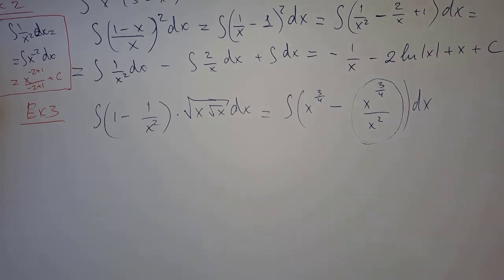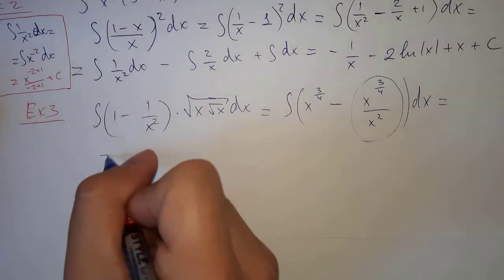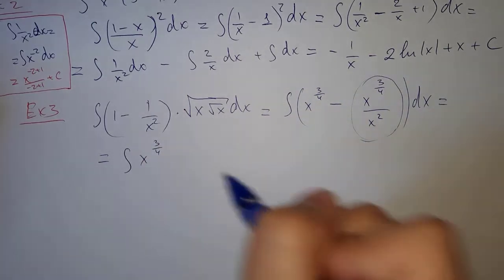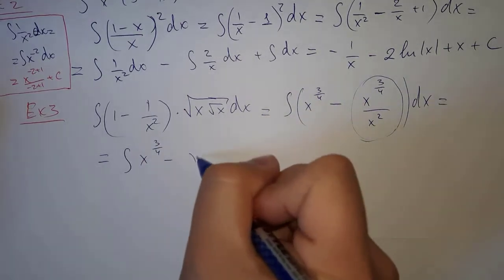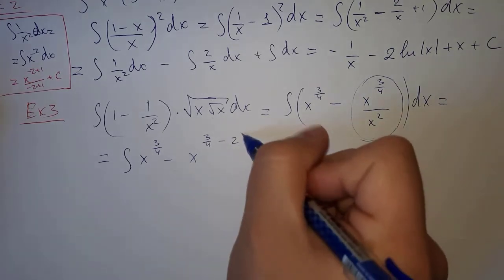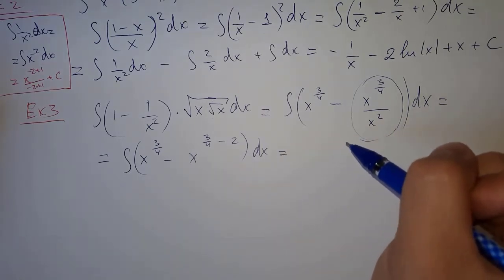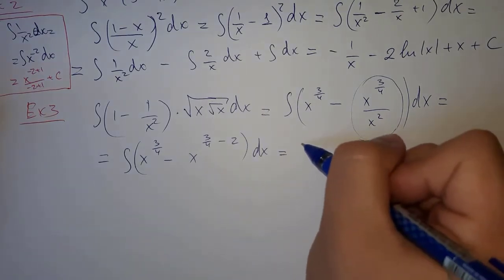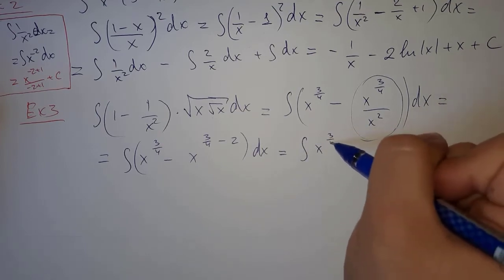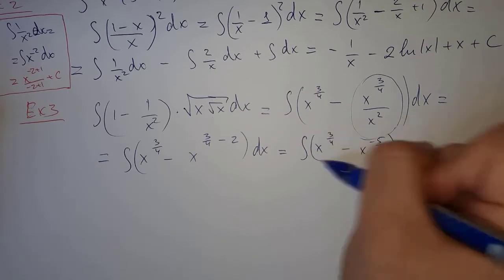Yes? So if we continue, the integral of x to the 3 over 4th minus x to the 3 over 4th minus 2 dx. And now we get the integral of x to the 3 over 4th minus x to the minus 5 over 4th dx.